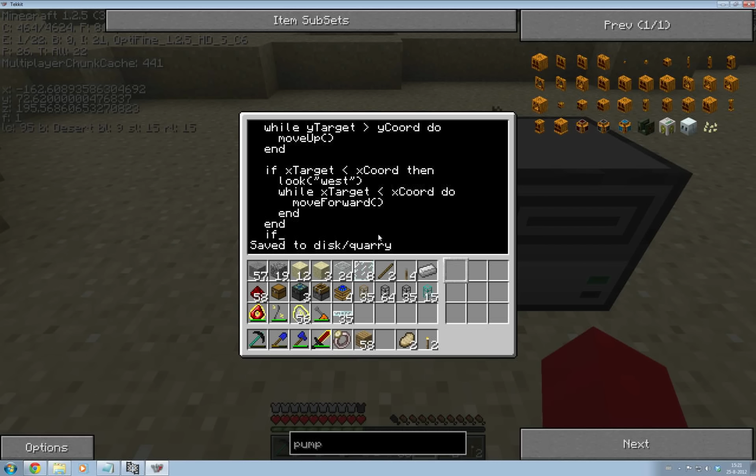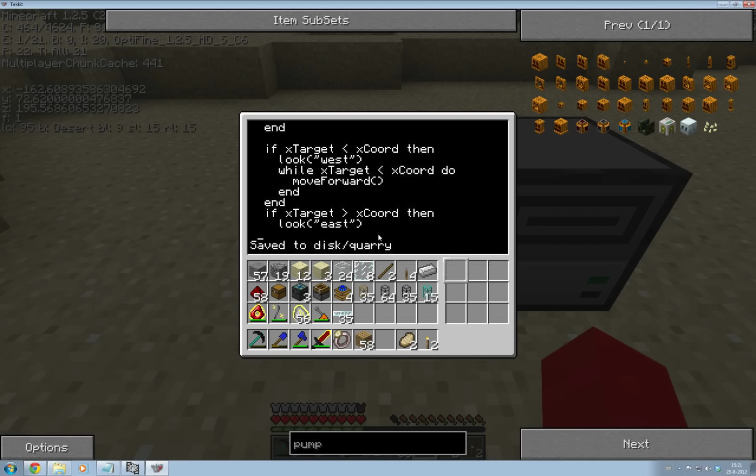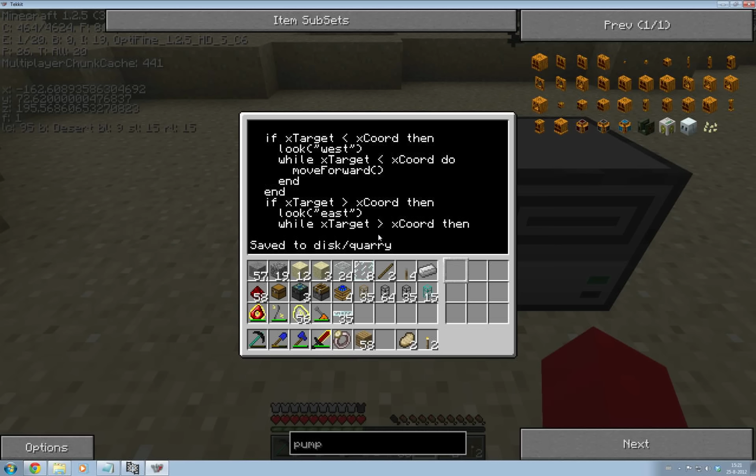However, what if x target is larger than x coordinate? Then I guess we need to look east. And then while x target is larger than x coordinate, move forward.